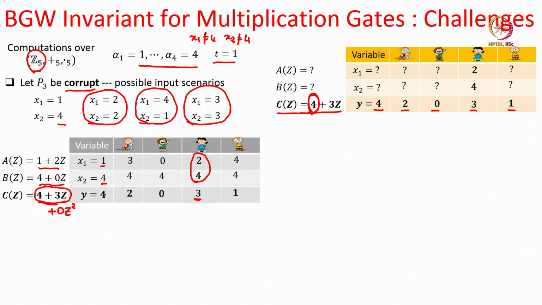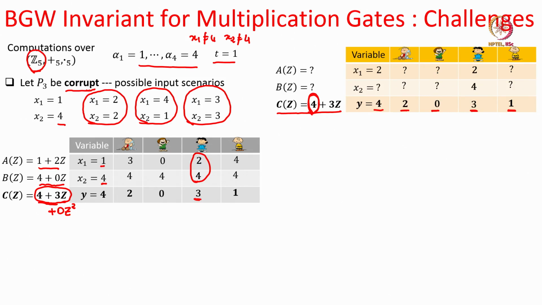Now, what we are going to show here is that there are certain possibilities for x 1 and x 2 which the corrupt P 3 can rule out based on the values which it has learnt in this execution, and this simply implies a violation of the perfect privacy, because if the proposed protocol for evaluating the multiplication gate is perfectly secure, then the view of the corrupt P 3, namely whatever values the corrupt P 3 learns in the protocol which are shown here in bold, should not lead the corrupt P 3 to conclude what could be the possible x 1 x 2 and what could not be the possible x 1 x 2.